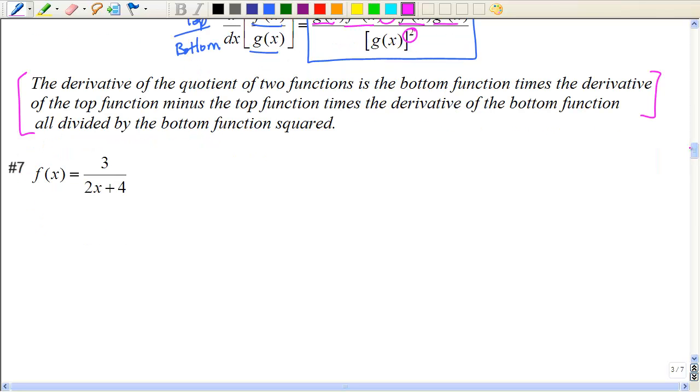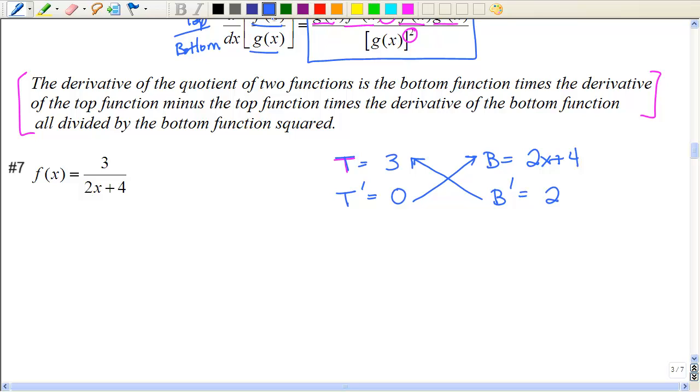Now, as we look at this first example, again, there's lots of different ways to do this, but we're going to practice the quotient rule. So we're going to say t is for top and b is for bottom. All right, so we're going to take the derivative of that constant as 0. This is just 2. So this is a pretty easy one. So now, well, we've got to multiply those two things, but we've got to do it in the right order.